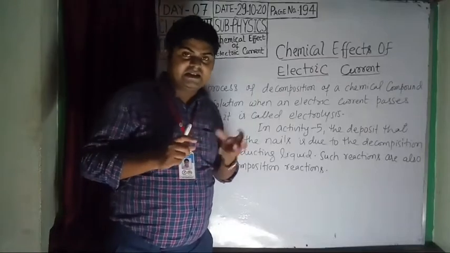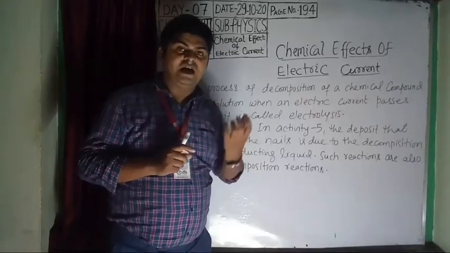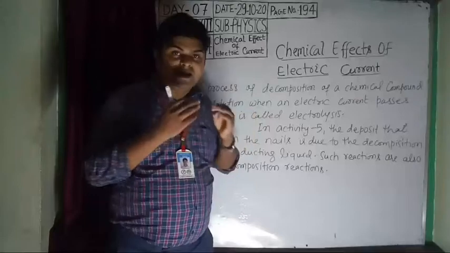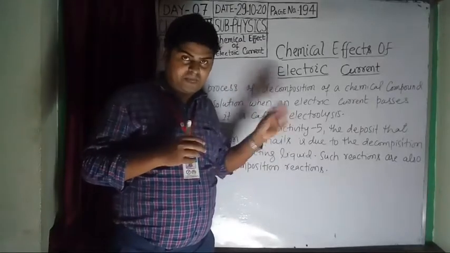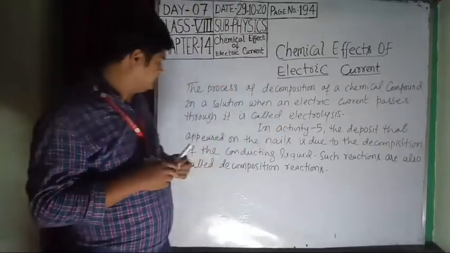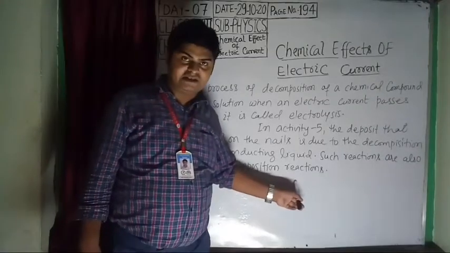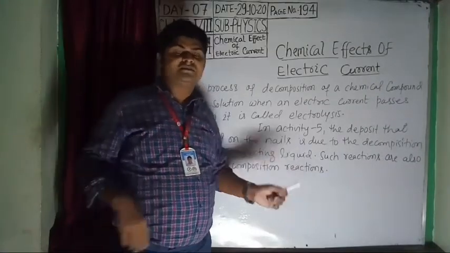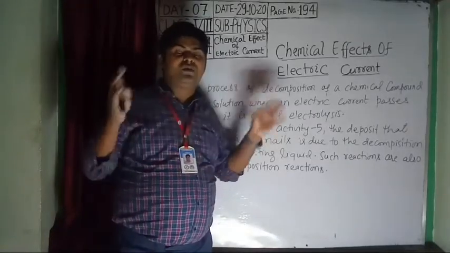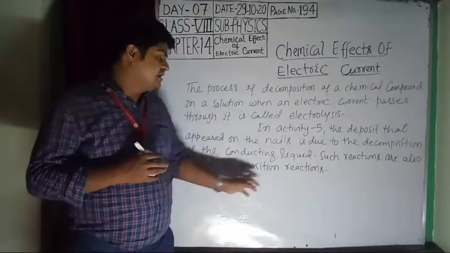So we can say that the chemical compounds present in the water, salt and hydrochloric acid, break from the water, decompose and form on the iron nail. Such reactions are also called decomposition reactions. A decomposition reaction is when a chemical compound breaks into two or more elements or compounds.